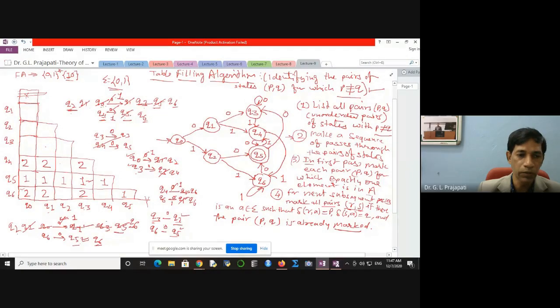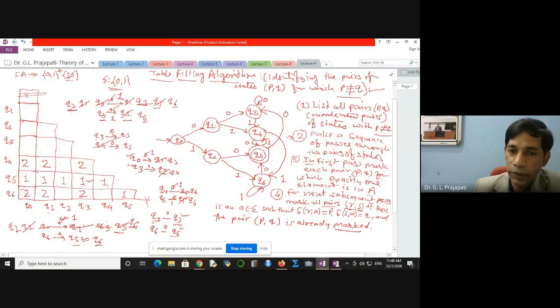Now we are going to consider Q1 and Q3. From Q1 if you are getting 0, you are going to Q3, and if you are getting 0 from Q3, you are at Q3. So Q3, Q3, we don't have such a pair in the table.